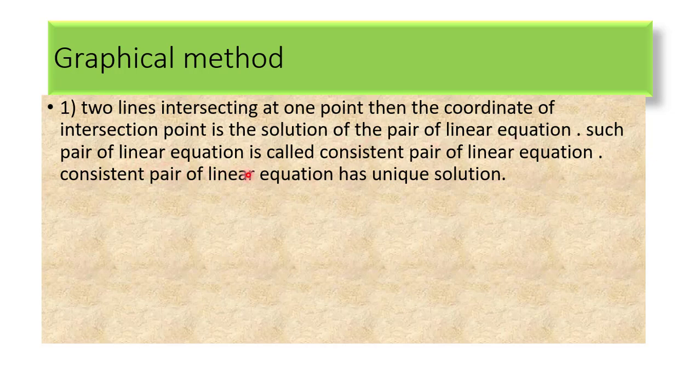Such pair of linear equation is called consistent pair of linear equation, and consistent pair of linear equation has a unique solution. We can see there is a line and second line is intersect, then this point is the solution of pair of linear equation.